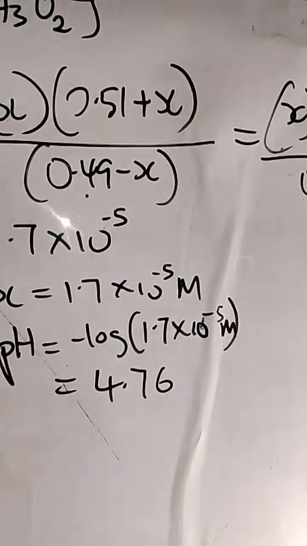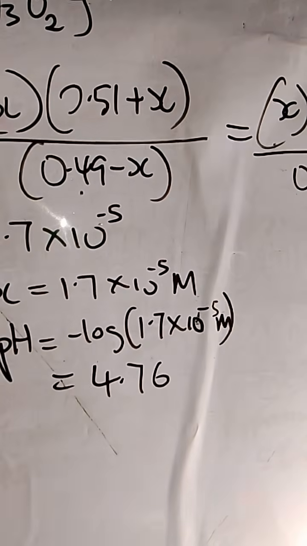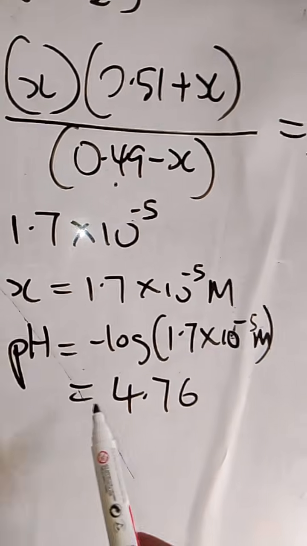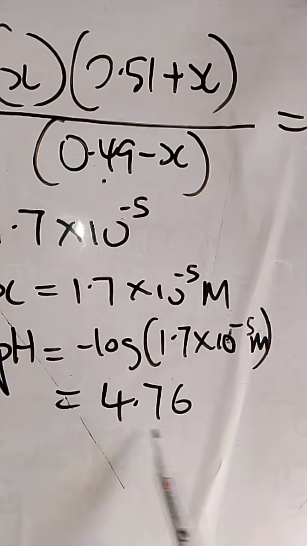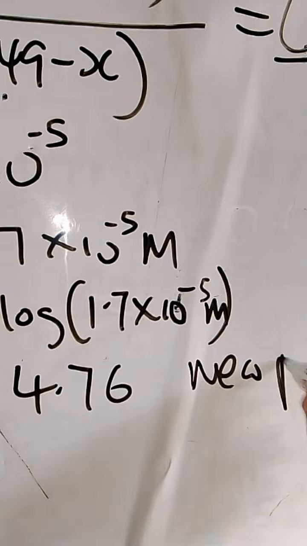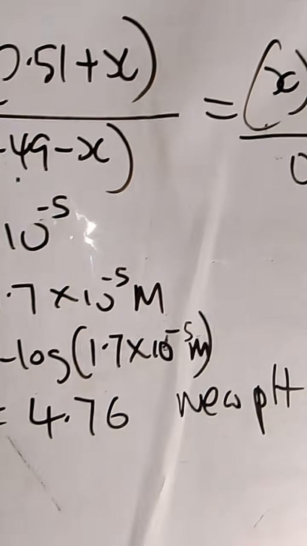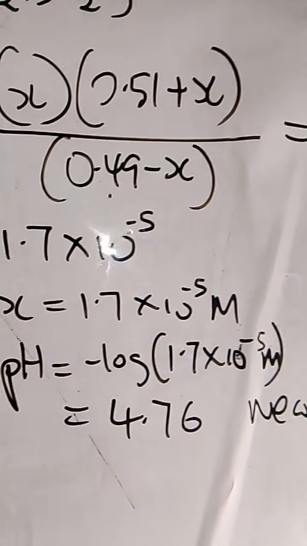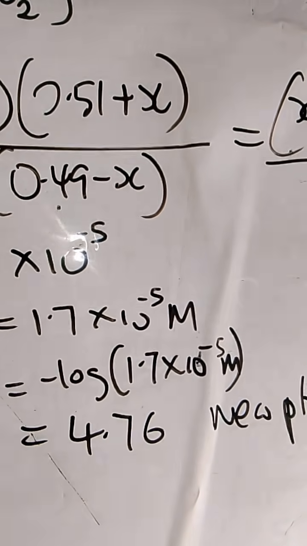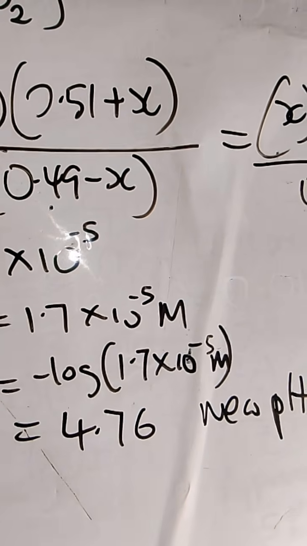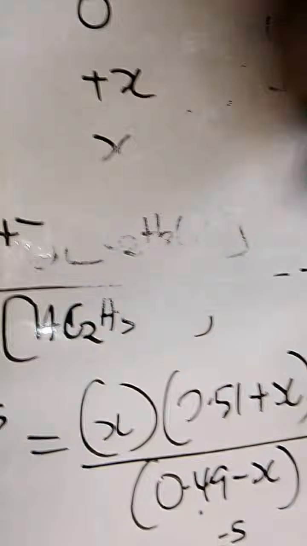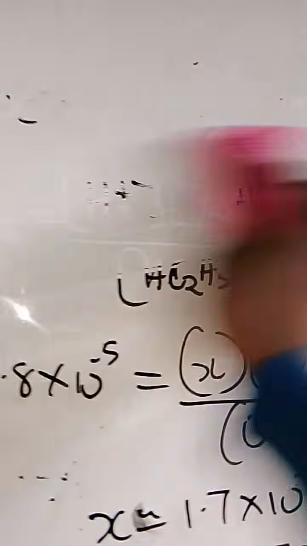Okay, so you have seen after adding sodium hydroxide, this is the new pH. It has increased slightly from 4.74 to 4.76. Now let's determine the change.